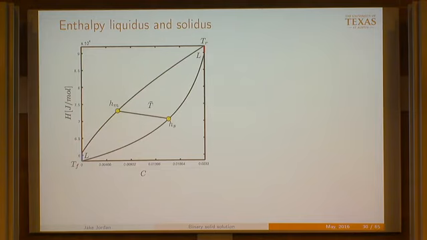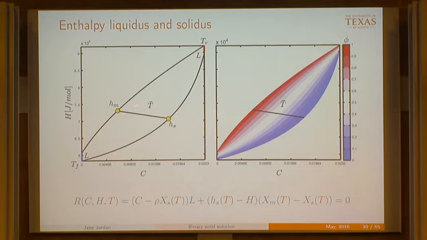Another thing that I think is interesting is because there's solid solution everywhere in here, the only pure melting solutions are actually on the end members, along these pure end members.